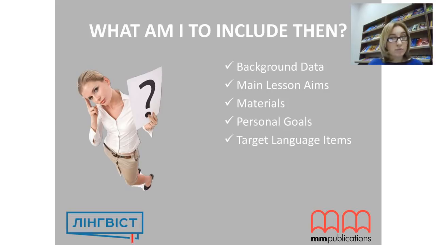Then also in our plan we include target language items. This is what we call the vocabulary and the grammar. But again, according to new standards of education, if previously vocabulary and grammar were the first issues which we would write, nowadays they are just materials, tools which we use for creating our lesson and all the genre and all the big things. So that's why this is usually written at the end.